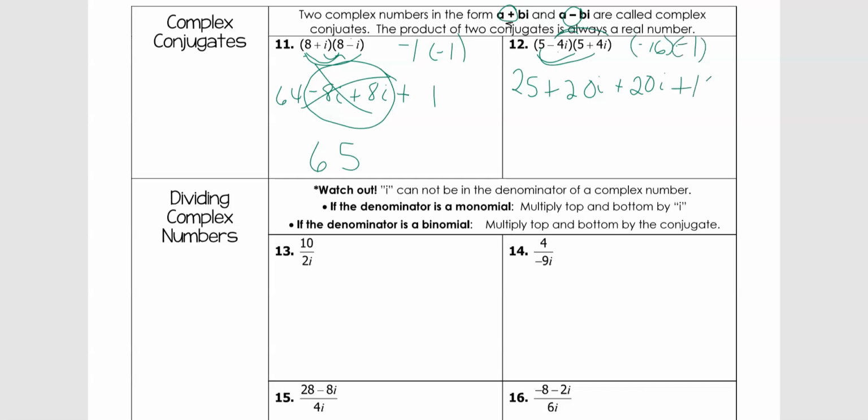And so it's plus 16. You might be noticing a pattern here. 20i and negative 20i will cancel each other out, even if I did write it incorrectly the second time. Sorry about that. So 25 plus 16 is 41, right?